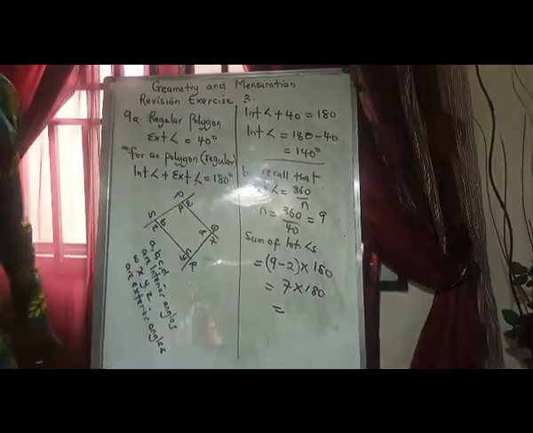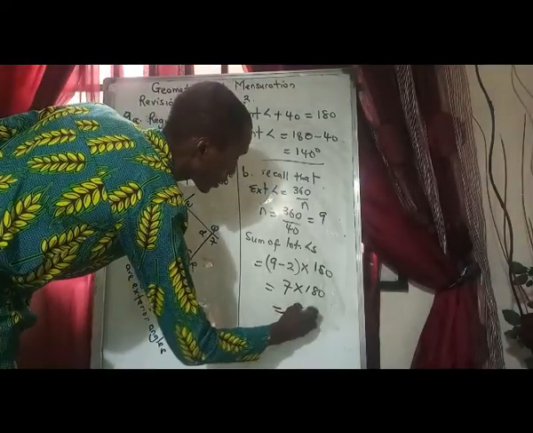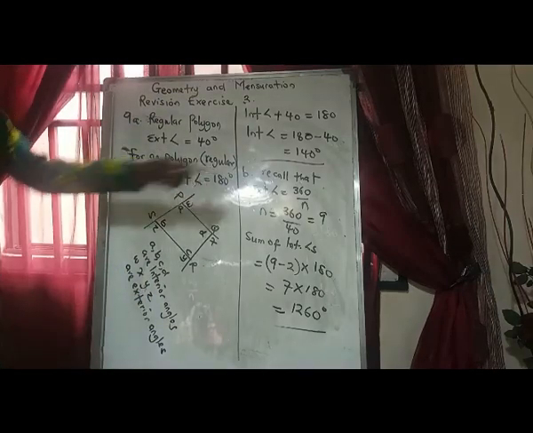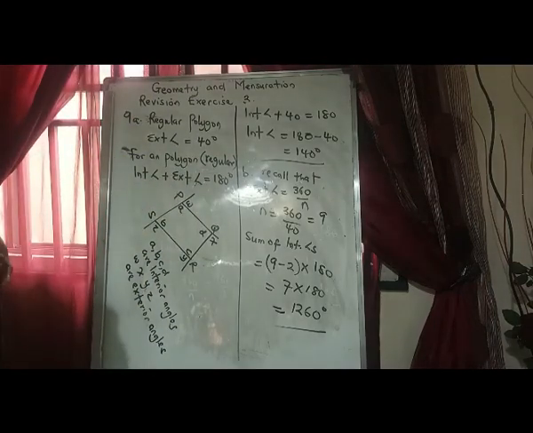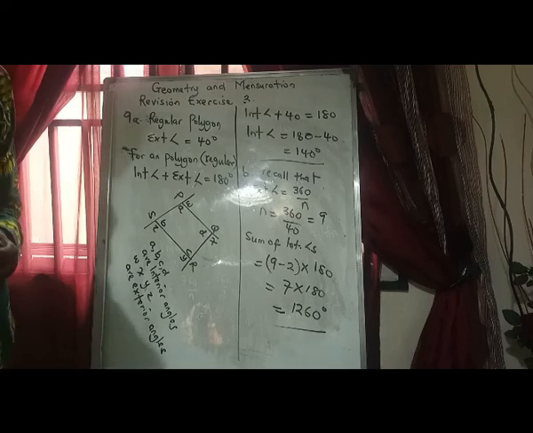What is 7 times 180? That should give you 1260 degrees. And that is the sum of the interior angles of the polygon. So that takes care of question number 9.